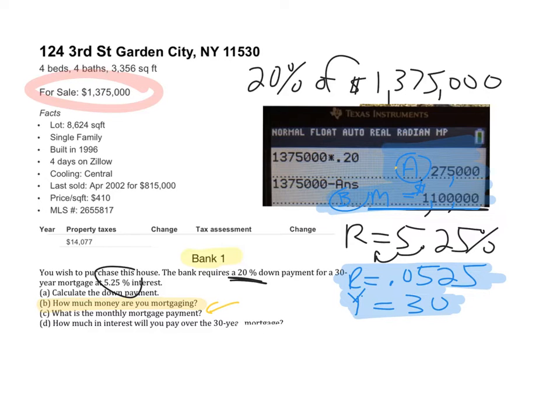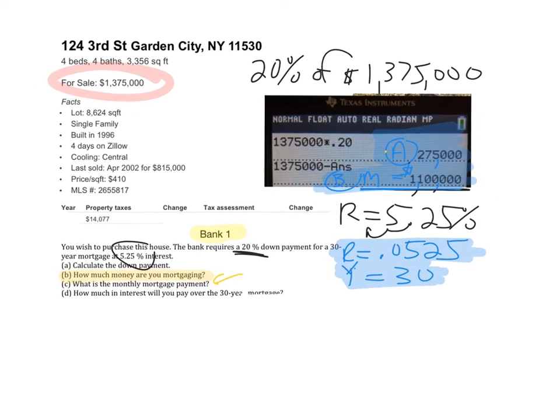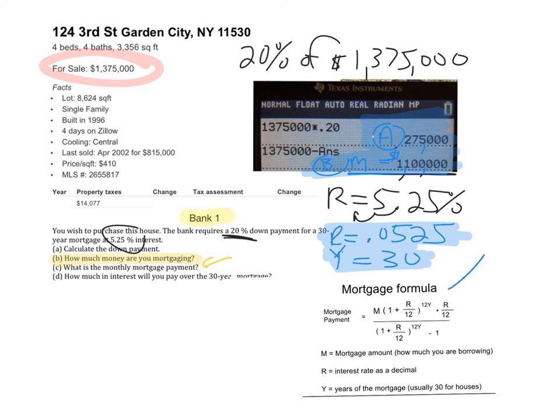Take a moment, enter those values into the mortgage formula. And here it is in case you do not have it stored on your calculator. If you don't, I highly suggest you watch the video in which I go over how you program the formula right into your calculator.